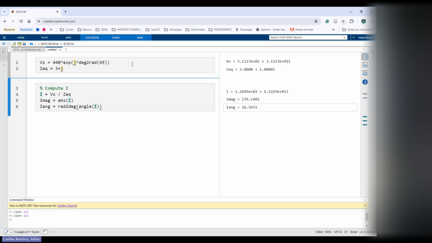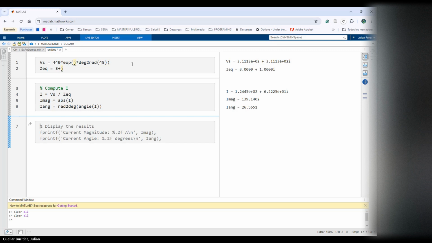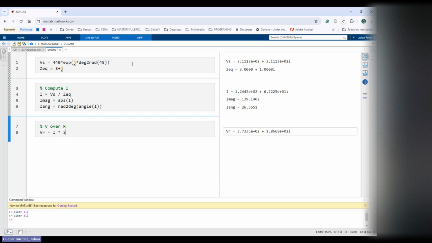Let's move ahead and compute also the voltage over the resistor. Then VR is going to be equal to the current times the value of the resistor, and our resistor is of 3 ohms. This is VR. Now we can go back to our slide and plug those numbers in there.